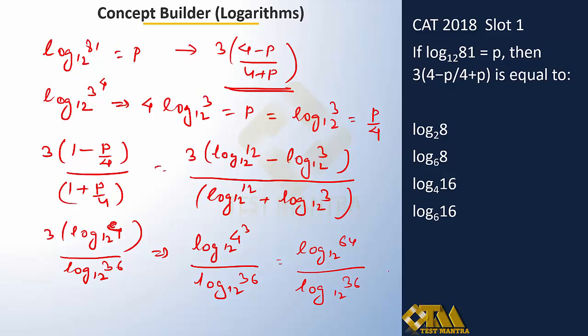Now I can at least work on this. I can represent this one as log 64 to the base 36, which is nothing but log 8 square to the base 6 square, can be written as log 8 to the base 6. So the answer should be log 8 to the base 6.